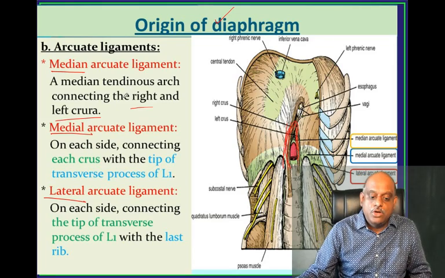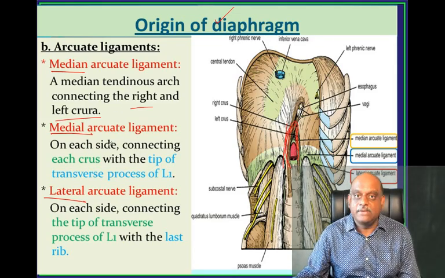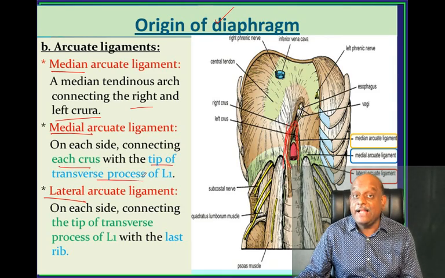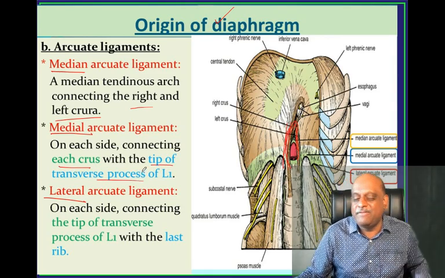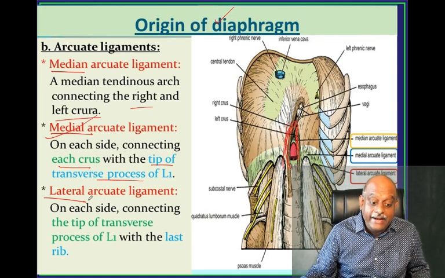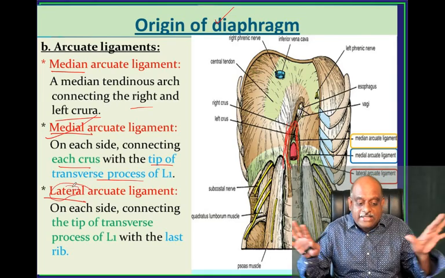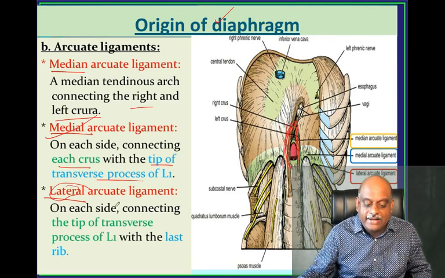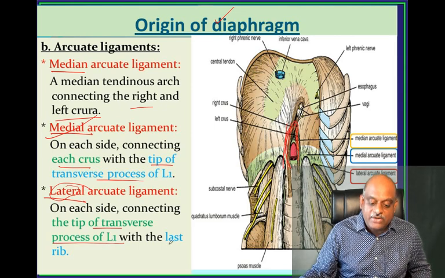The medial arcuate ligament is on each side of the diaphragm, connecting each crus to the tip of the transverse process of the first lumbar vertebra. Then the lateral arcuate ligament, on each side, connects the tip of the transverse process of L1 with the last rib.